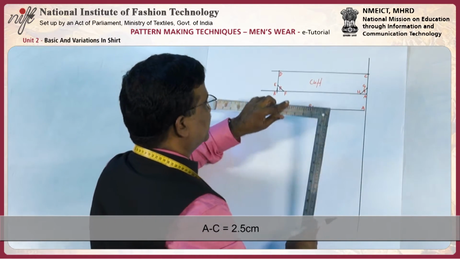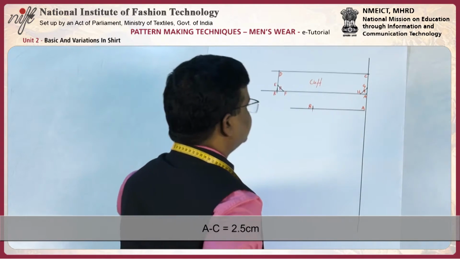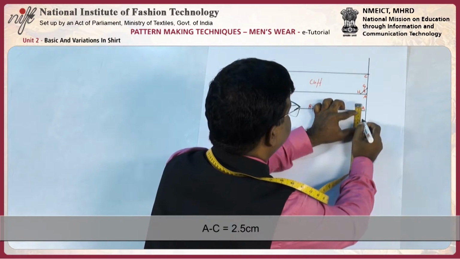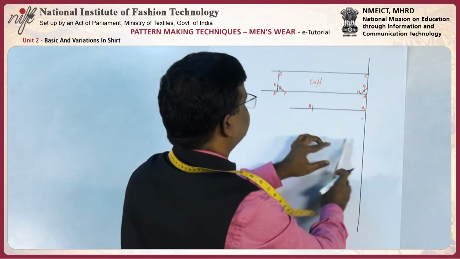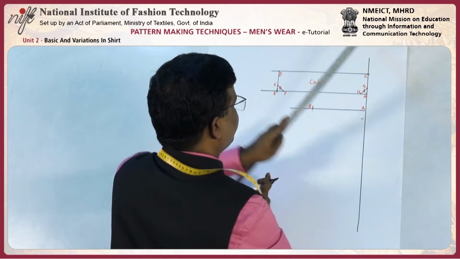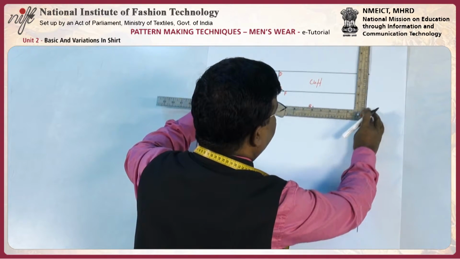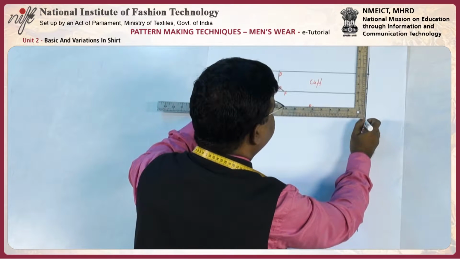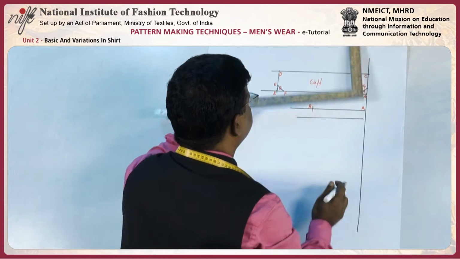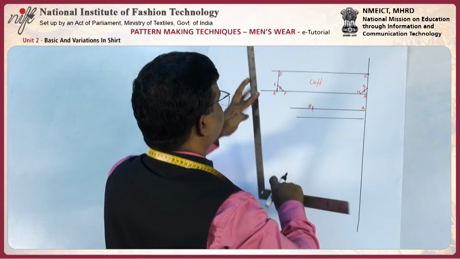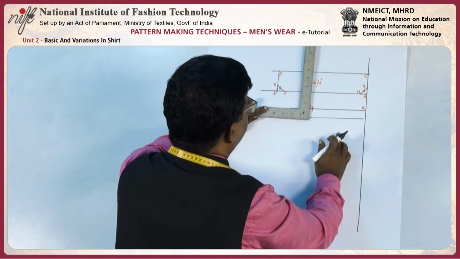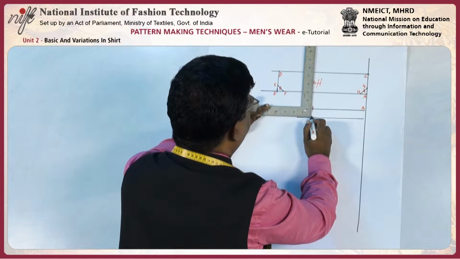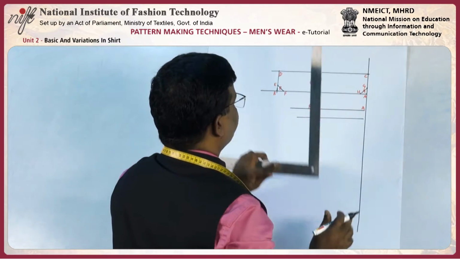A to C 2.5 centimeter. Square out from C. Then square up to B.